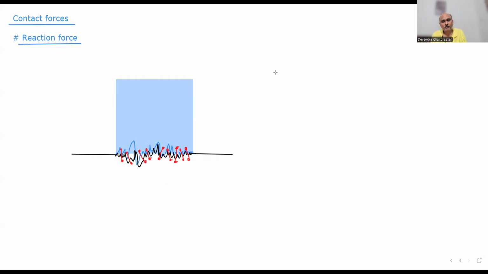Now, what is the direction of this force? Let's say this is the direction of the force exerted by the ground. The black surface is the ground and the blue one is the block. This is the reaction force, denoted by capital R. These are the X and Y axes.